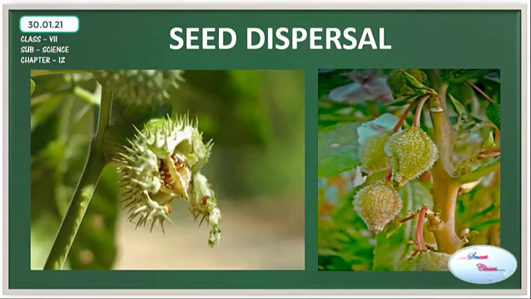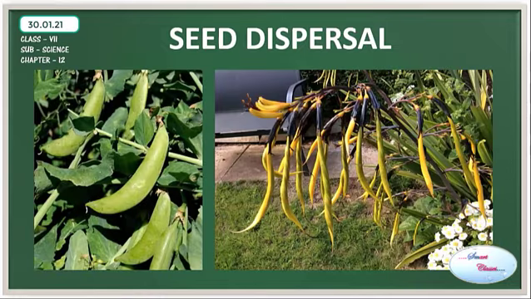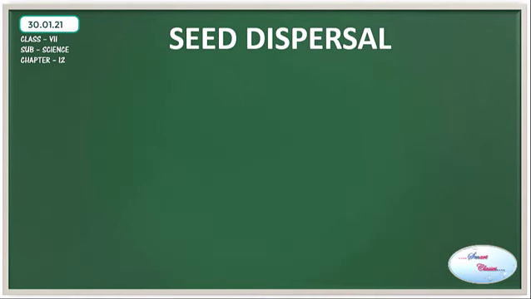Some plants like peas and flax have seed pods that dry out once the seeds are ripe. When dry, the pods split open and the seeds scatter. Plants cannot run away from a fire, so some plants have developed a way to help their seeds survive.